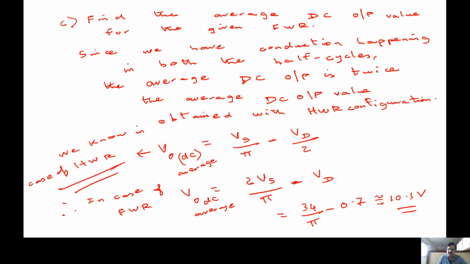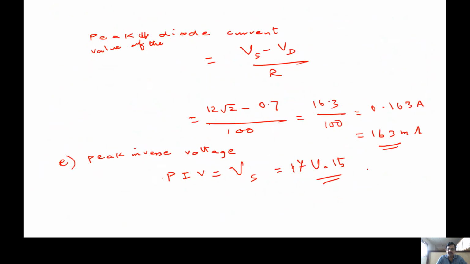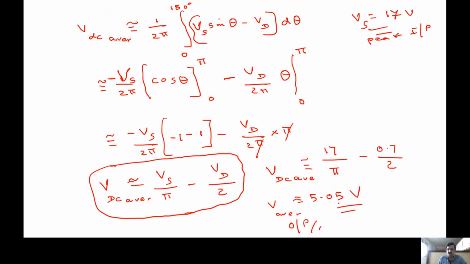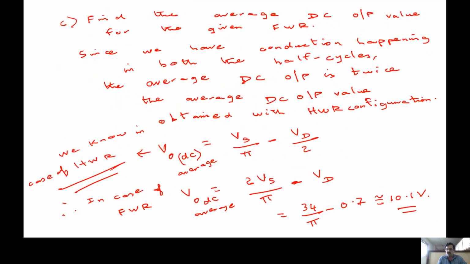Isn't it twice the value that we obtained for half wave rectifier? So what was the output we obtained for half wave rectifier? We obtained half wave rectifier average output is 5.05. But now you see here we are getting 10.1, which is what is expected. So everything is falling in place. Of course, we got that by multiplying by 2 only. So our logic is correct.